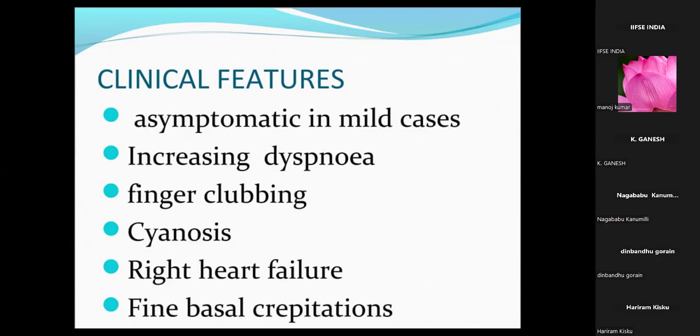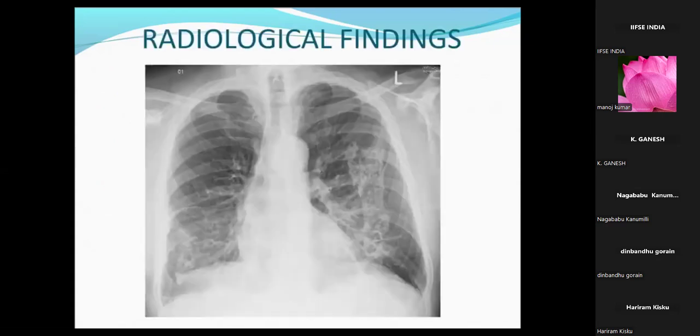Then increasing dyspnea, finger clubbing, cyanosis, right heart failure, and fine basal crepitations. So here you can see the X-ray of the person. You can see a lot of asbestos has been deposited over here. Also you can see a bit less quantity over here, but on this right side of the lung you can see a lot of asbestos accumulated.